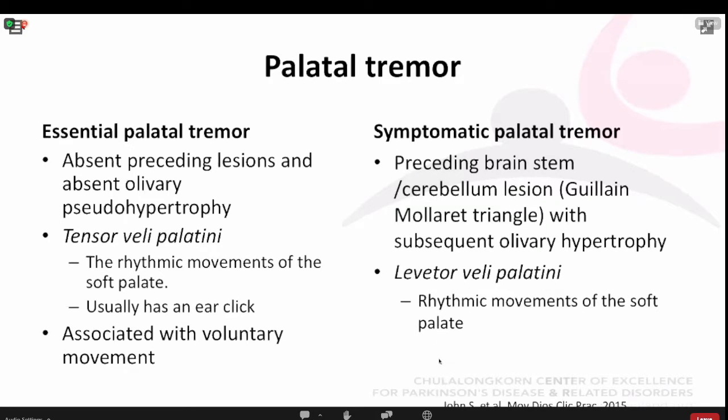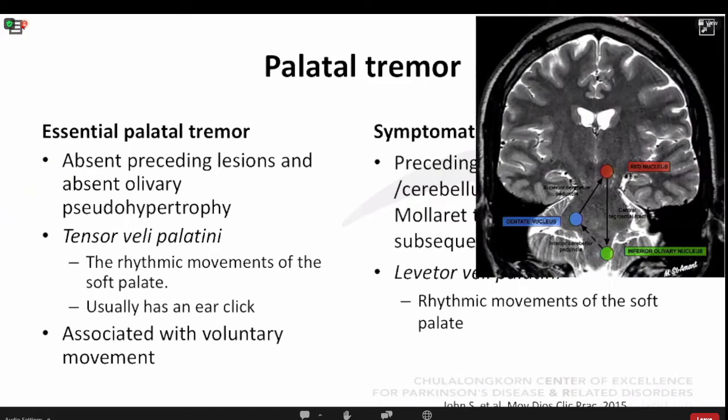And for symptomatic palatal tremor in the second patient, it usually has a lesion in the brainstem in the area of the Guillain-Mollaret triangle, which includes the red nucleus, olivary nucleus, and also the dentate nucleus. The muscle involved is different from essential tremor, so you don't hear the ear click in symptomatic palatal tremor.